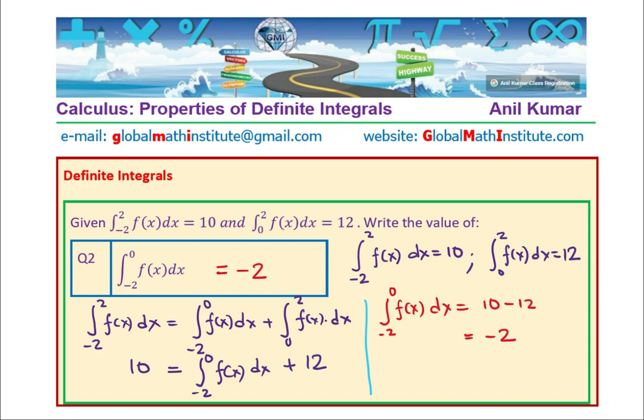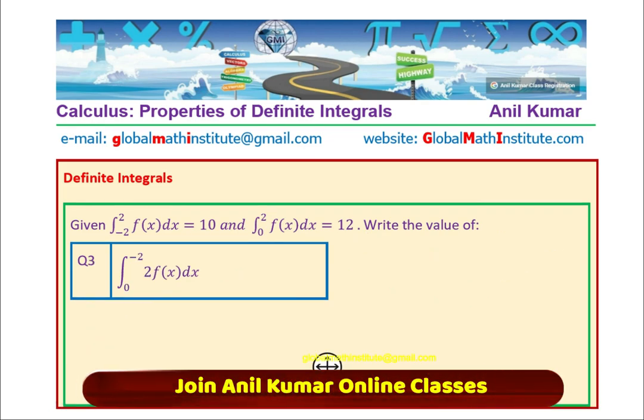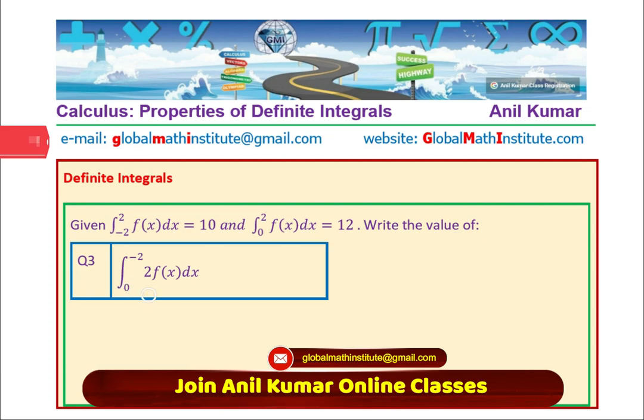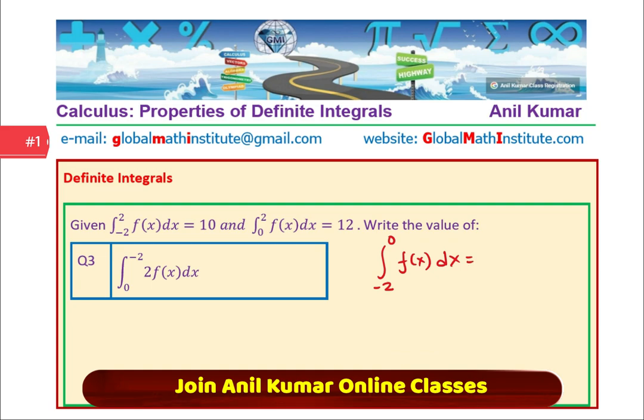Now we can actually find the other 2 very easily. We know that the integral from -2 to 0 of f of x is equal to -2, right?